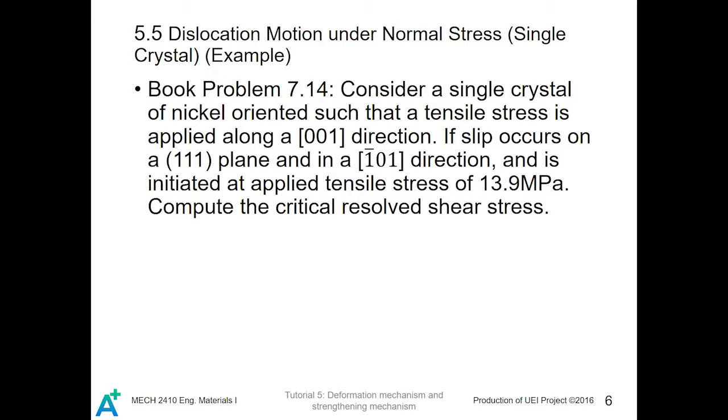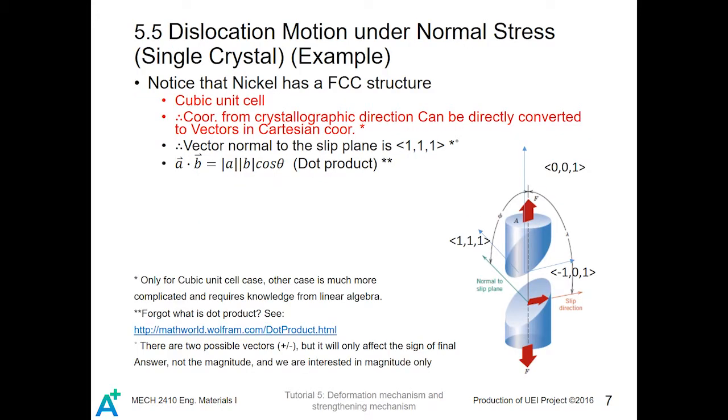Notice that nickel has an FCC structure, which means that it is a cubic unit cell. Because it is cubic, that is very, very important. The coordinates from the crystallographic direction can be directly converted to vectors in Cartesian coordinates.